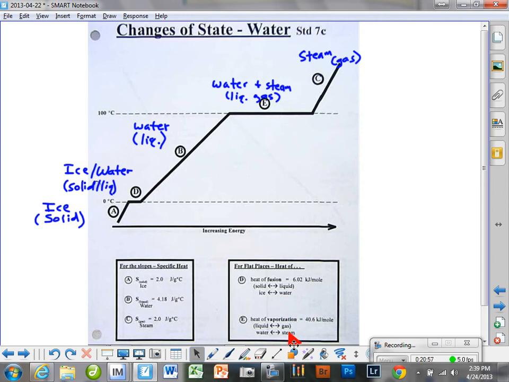Water's kind of unique stuff. And here you see liquid to gas, water to steam, they're the same thing, of course. And that's what heat of vaporization is. And you can go both ways with this stuff.